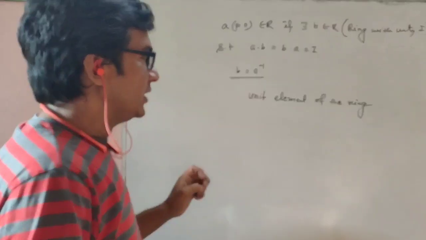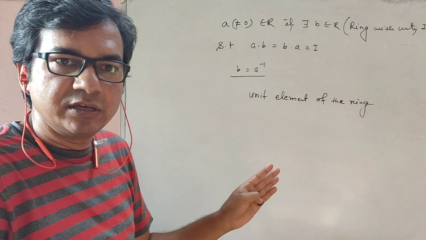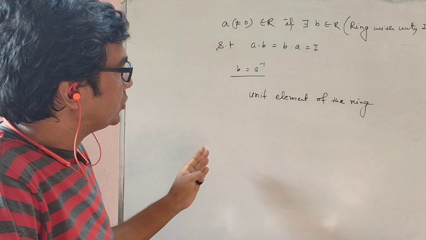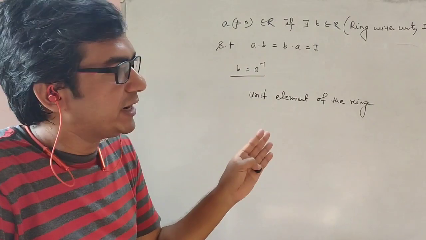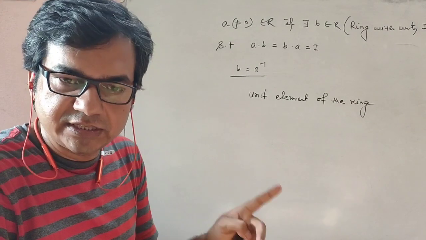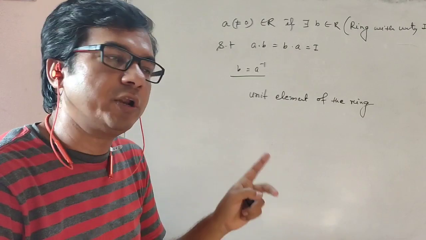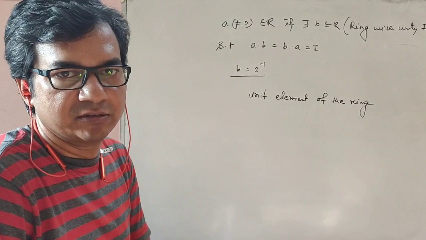Correct? So if in a ring an element's multiplicative inverse exists, then this element is called a unit in this ring.